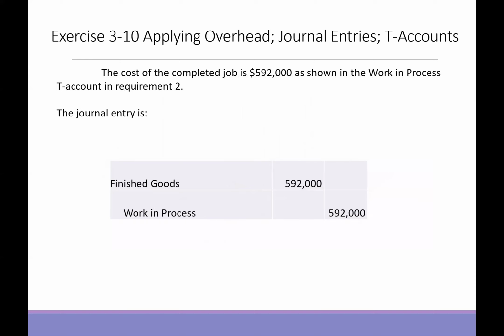The cost of the completed job is $592,000. It's done. We're going to debit finished goods, credit our work in process because we have finished the job. It's no longer work in process. It's finished. Okay.